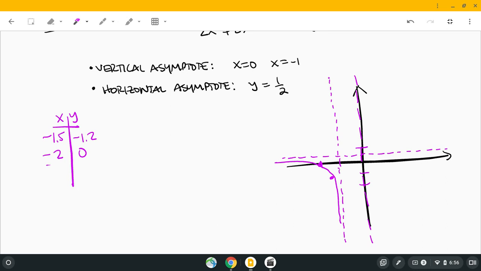Okay, let's do the middle. Ugh. We don't have great choices here. So -1/2, that is -0.5, -1/4, and -3/4.